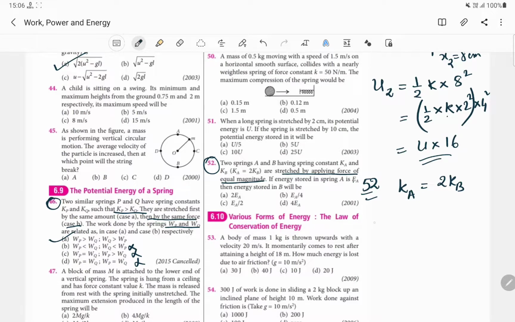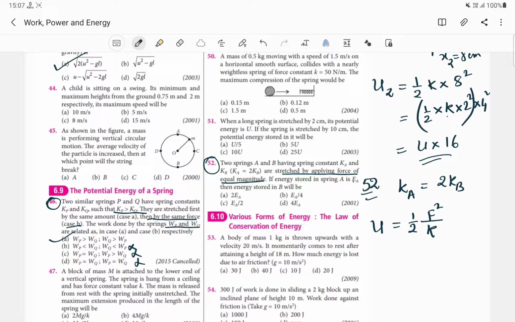Therefore we are going to use the energy stored U equal to half F square divided by K. Remember this formula: if two different springs are elongated by the same force, you use this formula.